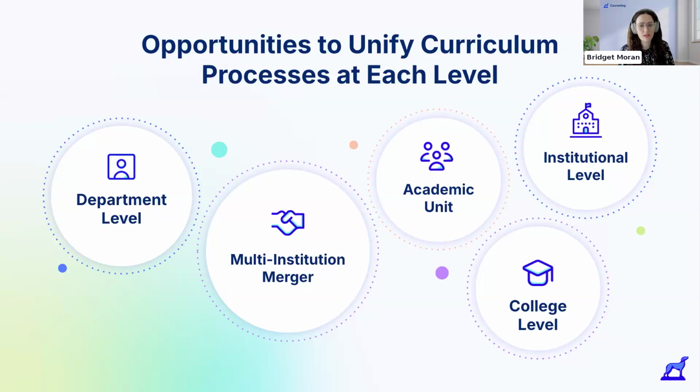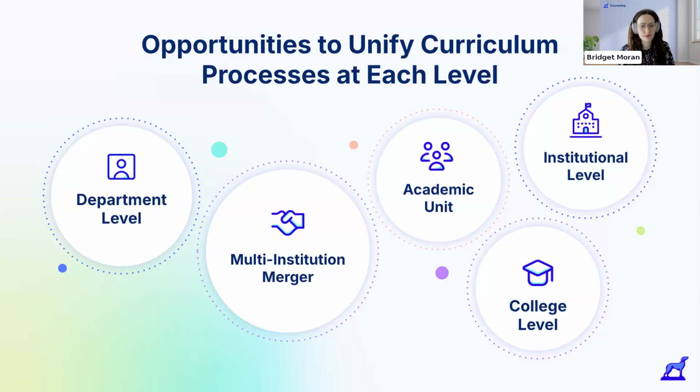And I like to think about it as, what are the different levels where we can apply some of these lessons learned that Dennis is going to be walking through. At the basic level, even at smaller scales, there are still so many opportunities to evaluate your curriculum review processes. Maybe it's just your academic department, looking to standardize how those proposals are submitted, reviewed, or approved.